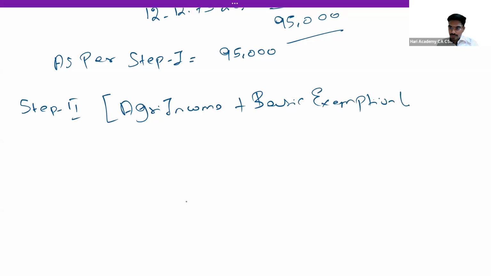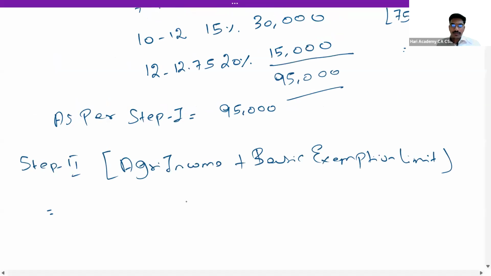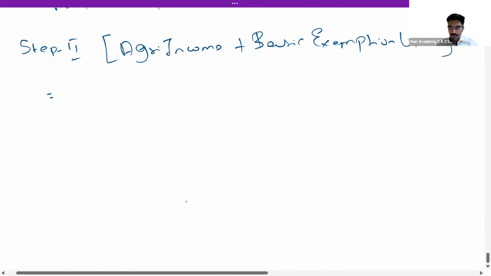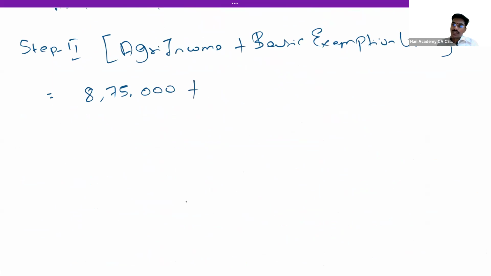In the present case, my agricultural income is 8,75,000 plus my basic exemption limit of 3 lakhs. So for 11,75,000, I have to find out my tax liability.